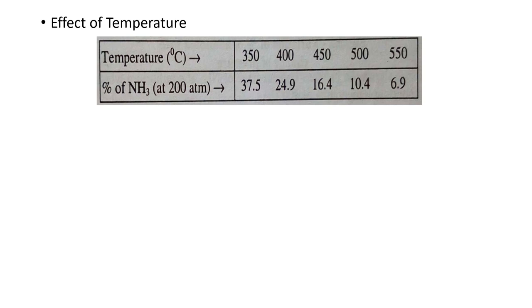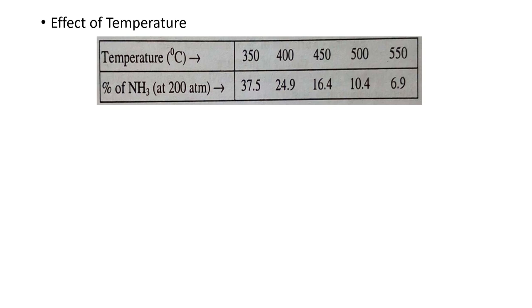As it reaches 450, 500, 550, slowly you can see the percent yield at 200 atmosphere goes on decreasing. Why is it happening? The reason is in the reaction itself, for each molecule 92 kilojoule is formed, or you can say released.